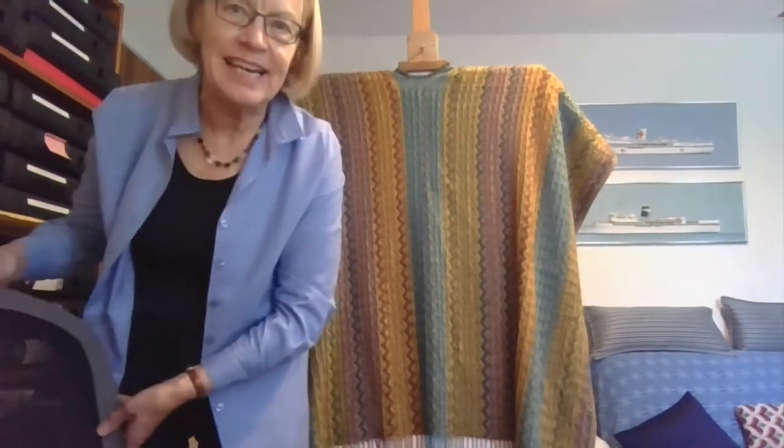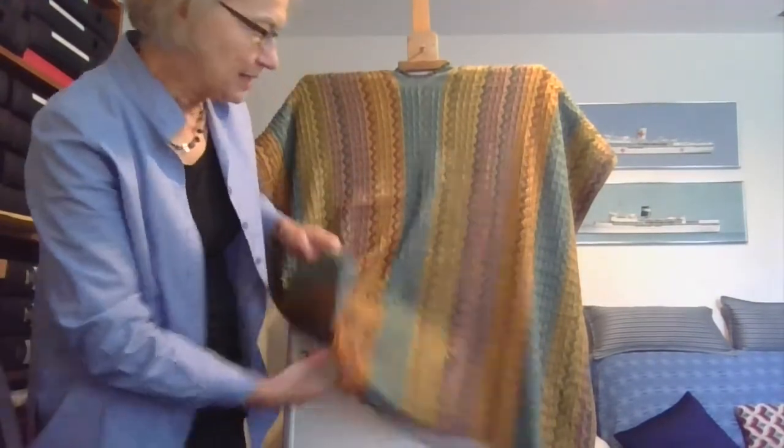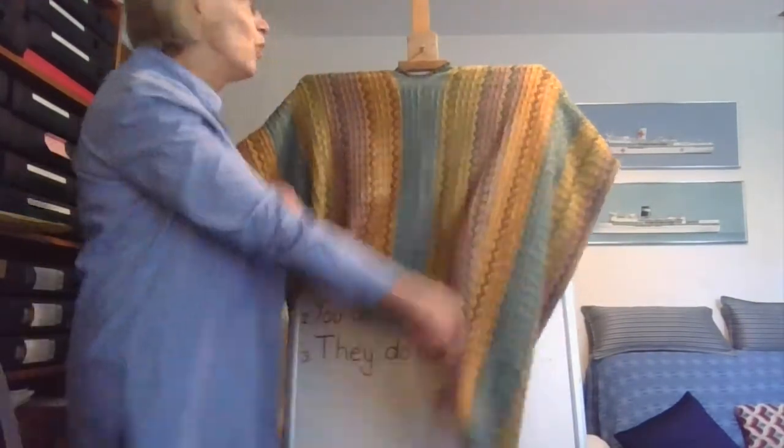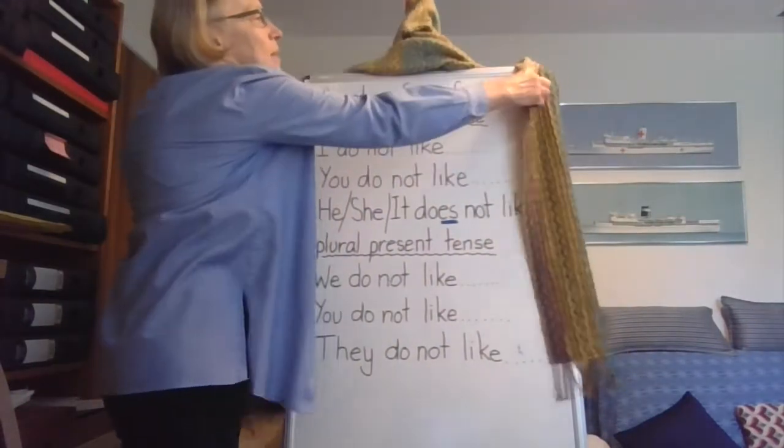We've been talking about not liking things in the present tense, in the first person singular, I. I'm going to show you what the other person, the other singular and the other plural are for I do not like. Here we are.